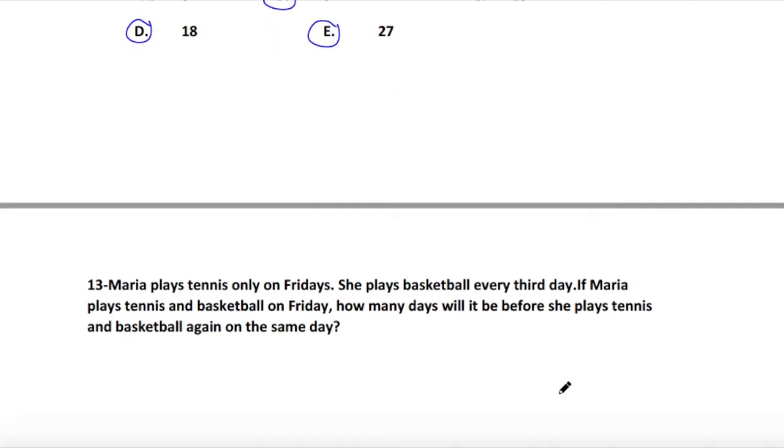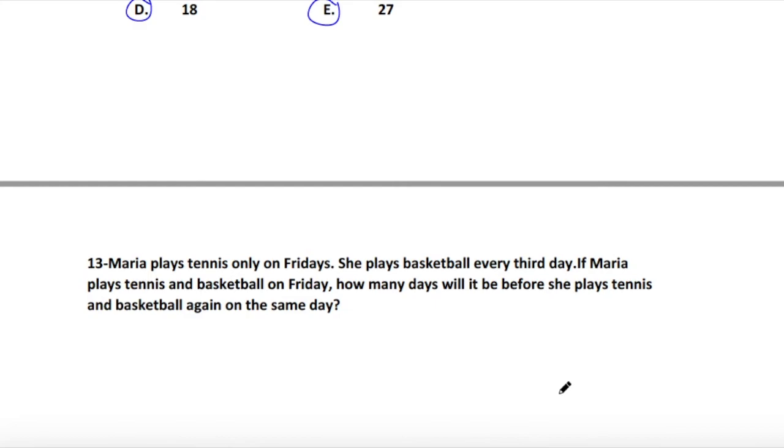Next one. Maria plays tennis only on Fridays. She plays basketball every third day. If Maria plays tennis and basketball on Friday, how many days will it be before she plays tennis and basketball again on the same day? Here on every third day, so we have 3.